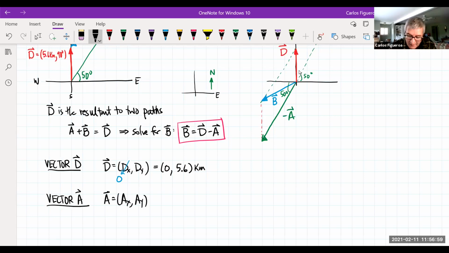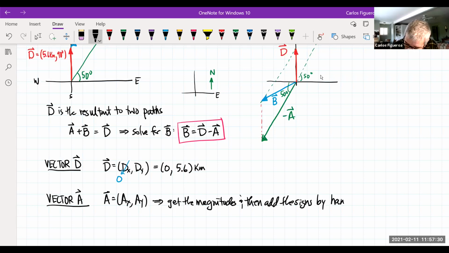Remember, if I measure from the positive x-axis, what I'm really getting is the magnitude of that vector. So let's get the magnitude of that vector. What I'm going to do here is get the magnitudes and then add the signs by hand. So let's do that.